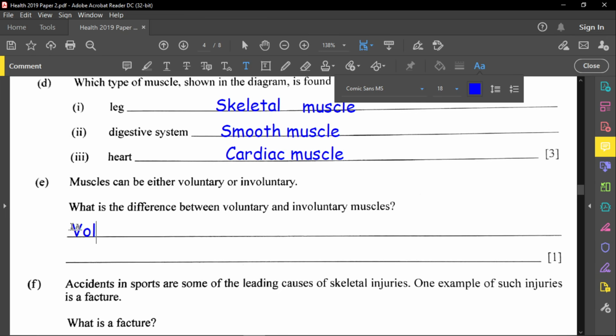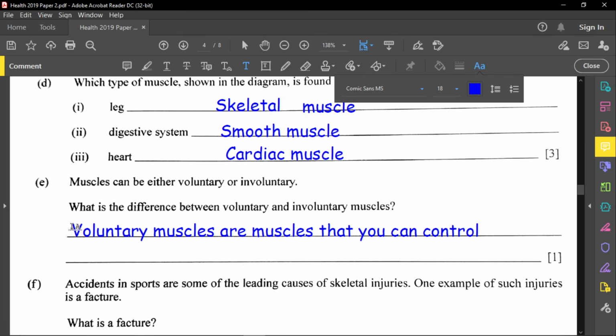So voluntary muscles are muscles that you can control. If you want to walk or run, those are the muscles that you use, even for singing.